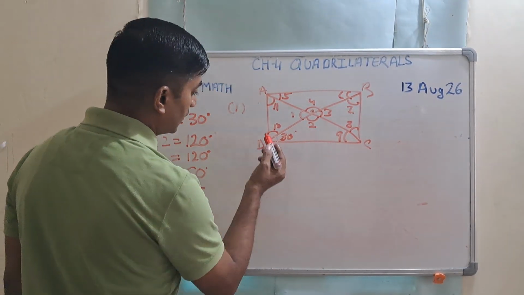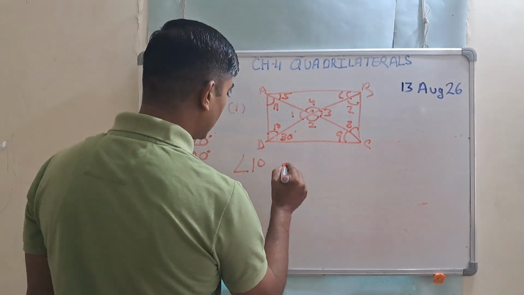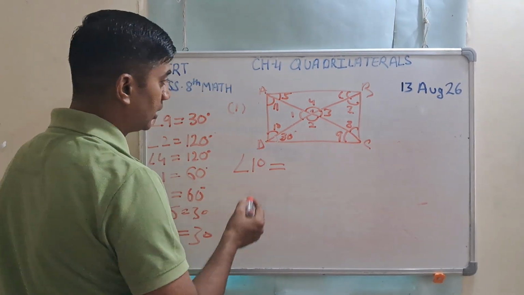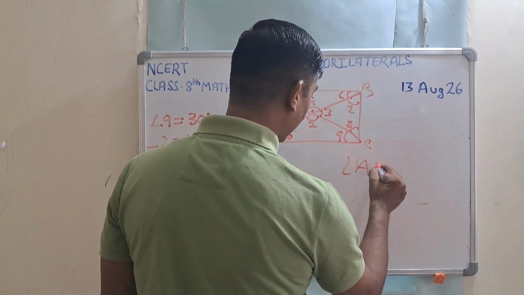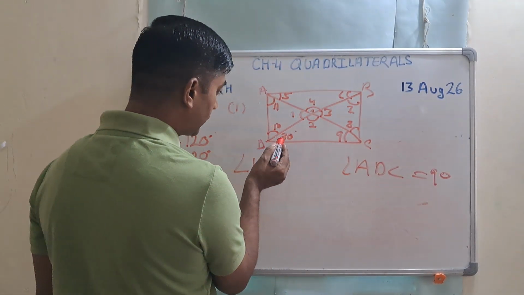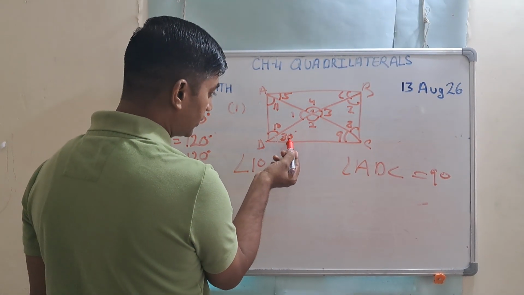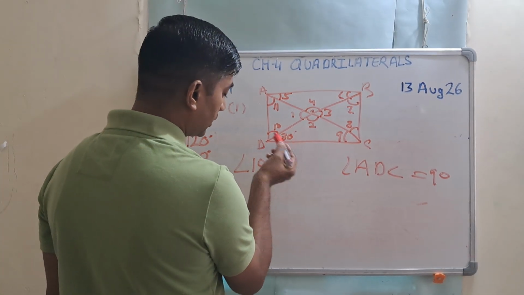Now see, to find angle 10, we will look at angle ADC, which is 90 degrees. This is comprised of this angle and angle 10, and this angle is 30.